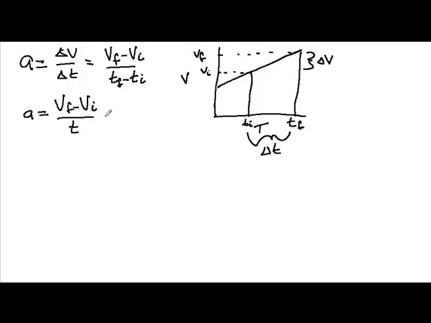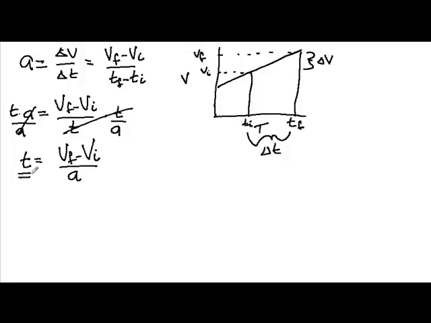By a little bit of work with algebra, I could multiply each side by time, divide each side by acceleration. I cancel my times, I cancel my acceleration. I get this expression for time, or my change in time, is my final velocity minus my initial velocity divided by acceleration. Okay, that'd be if I was looking for time.